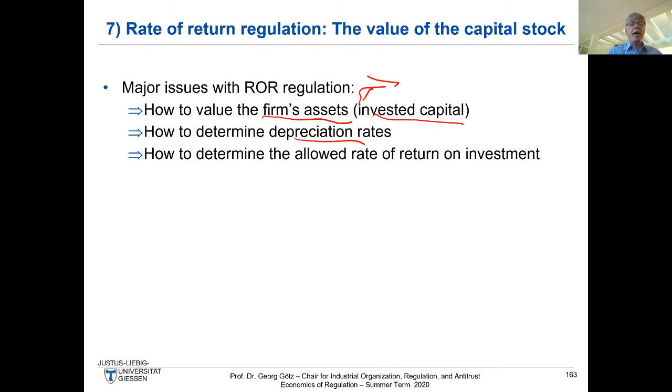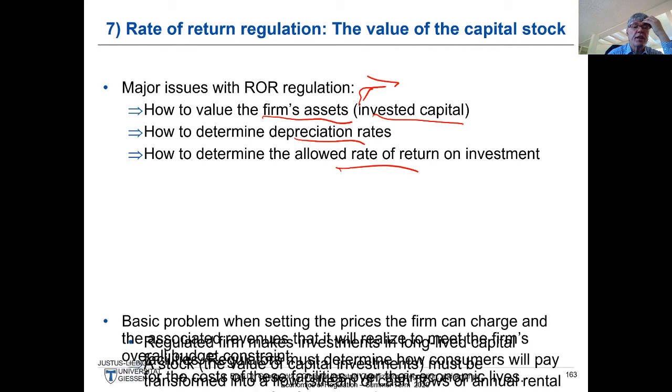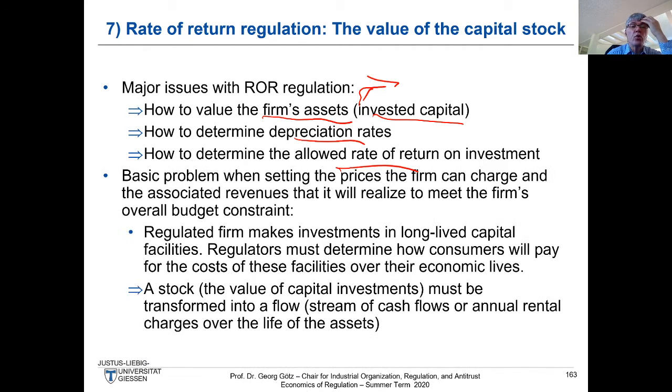Okay, and finally, how to determine the allowed rate of return on investments. That's what we are going to look into right now. The basic problem here, and that's very important, this is all taken from the handbook article of Joskow.